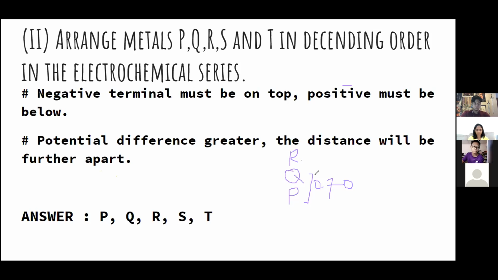Negative will be on top. So S and Q, S will be on top. And the last pair is T and S. Well, T is negative, T on top, so it's on top of S. So it'll be here.